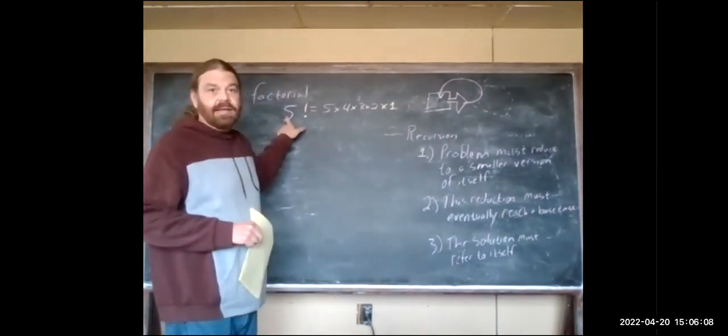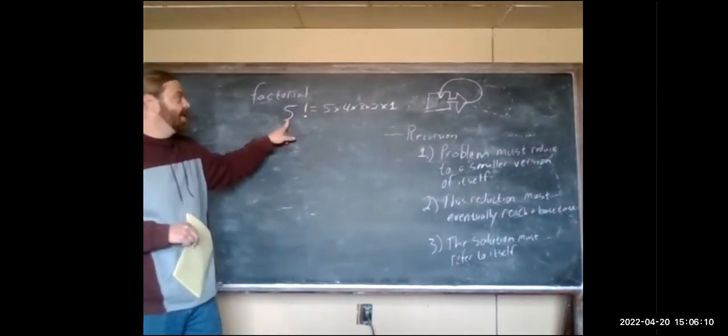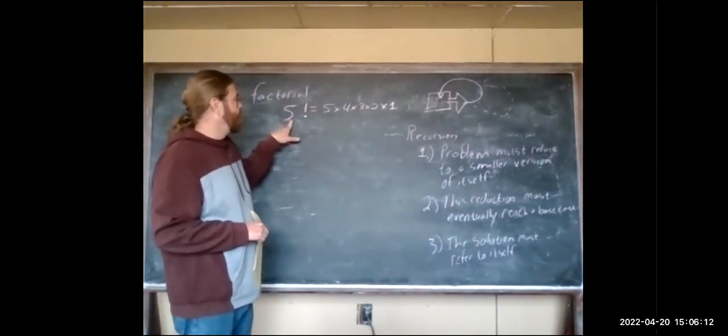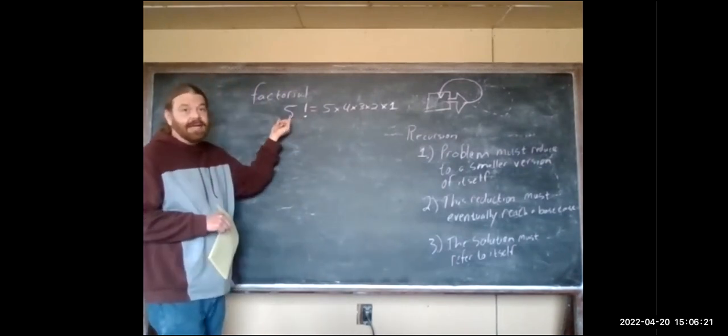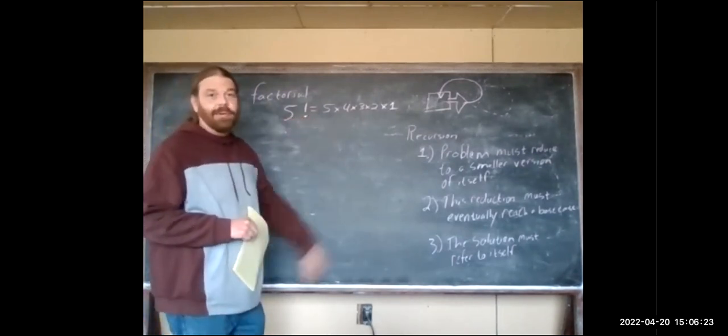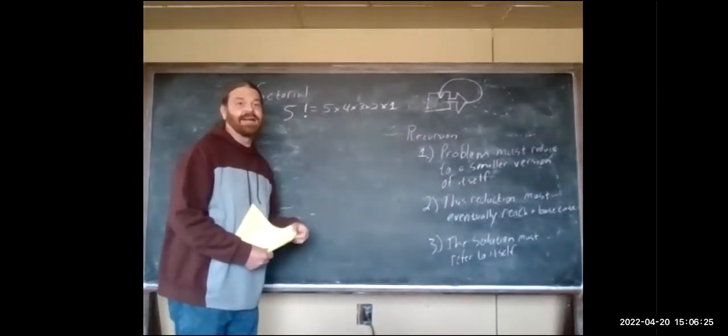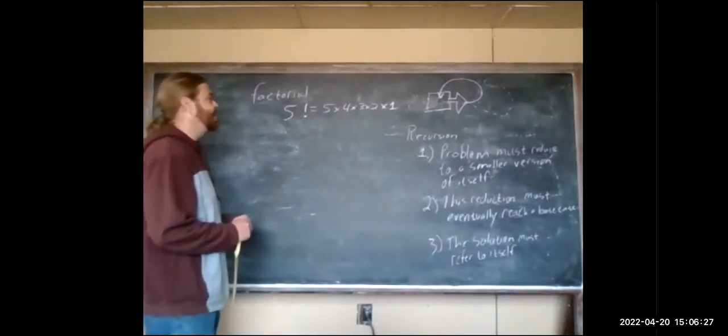It's a math thing. Most people don't see it until calculus 2 anymore. But it's a math operation we can do. A unary math operation only takes one number, like, what number do we want to take the factorial of? We don't need a second number like we do for addition or subtraction.